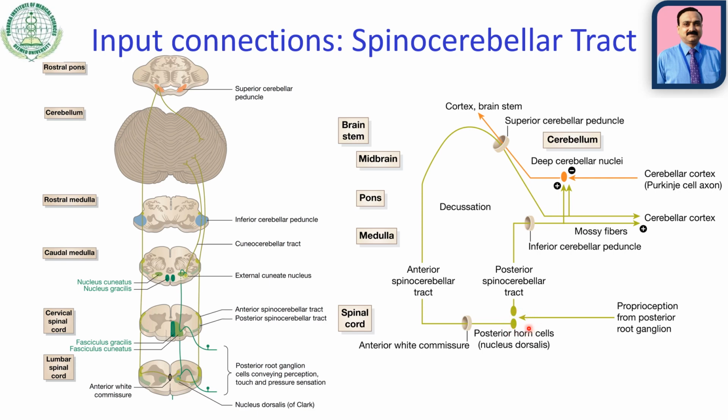Here either they pass through the anterior white commissure forming the anterior spinocerebellar tract, which goes through the superior cerebellar peduncle to the cerebellar cortex, or they go from the posterior horn cells through the posterior spinocerebellar tract to the inferior cerebellar peduncle to the cerebellar cortex. They form mossy fibers.